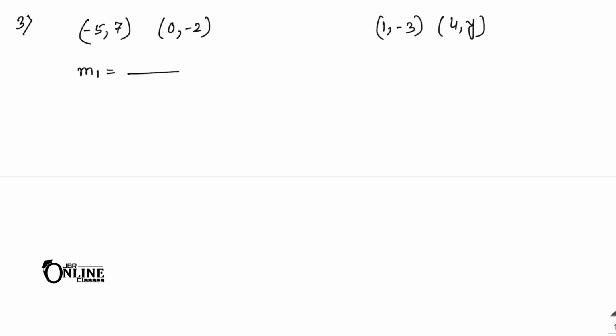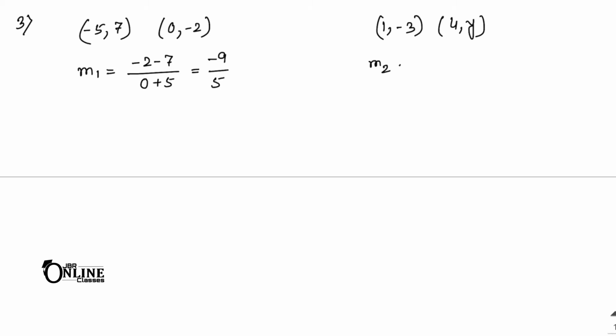Now sum number 3. The line joining (-5, 7) and (0, -2) is perpendicular to the line joining (1, -3) and the next point (4, y). Find the value of y. First find M1, the slope of the first one: (-2 minus 7) by (0 plus 5), which equals -9 by 5.